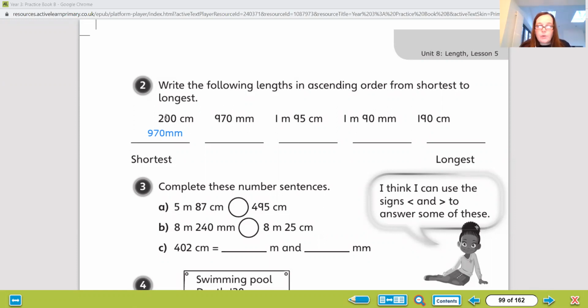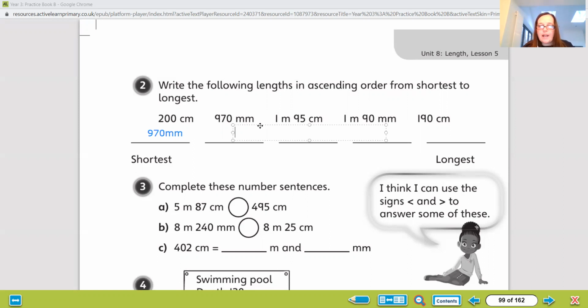I know that 200 centimetres is 2 metres. So I know that that's quite a lot. And then I've got 1 metre 95 centimetres and 1 metre 90 millimetres. That's the same as 195 centimetres. This is 1 metre 9 centimetres.